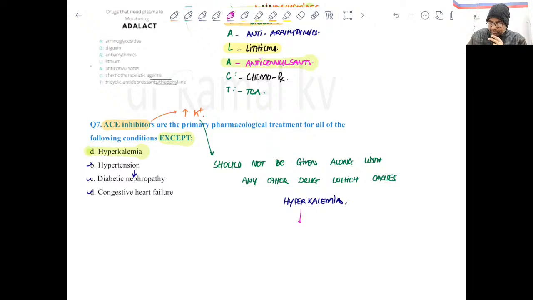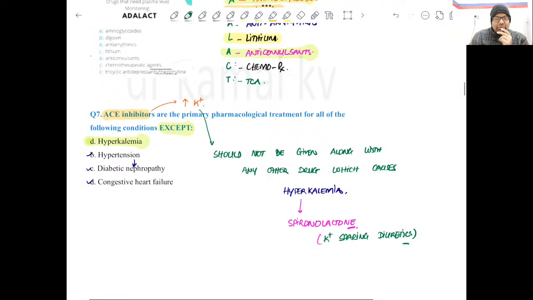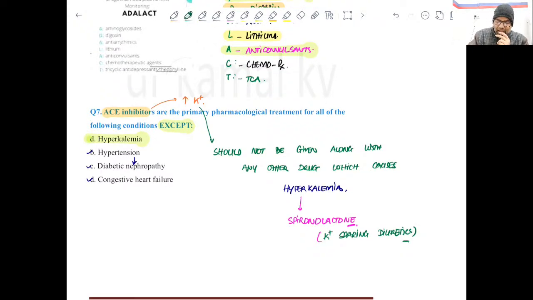Example includes spironolactone. So don't give ACE inhibitors with spironolactone, because this is a potassium sparing diuretic. So both will increase the potassium level, and it will go to very fatal levels. So never use ACE inhibitors in hyperkalemia.